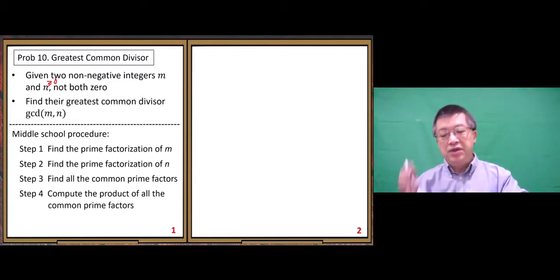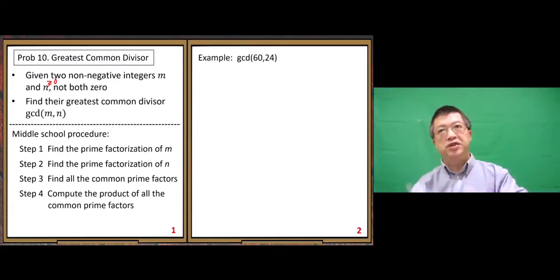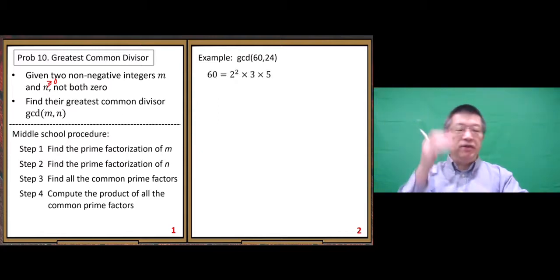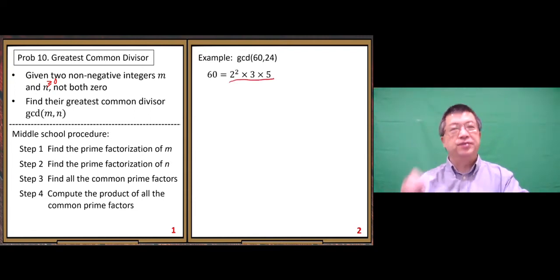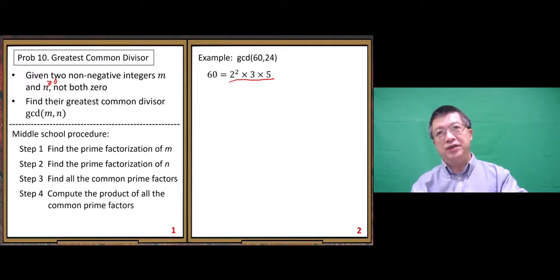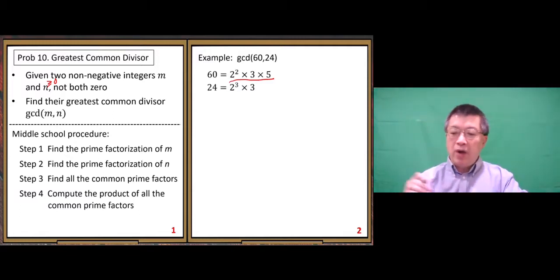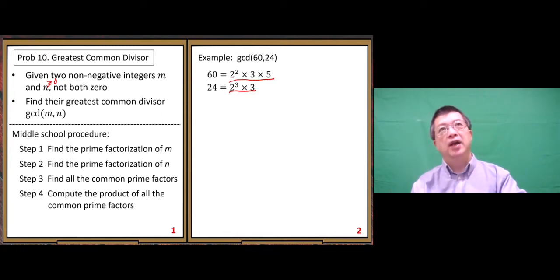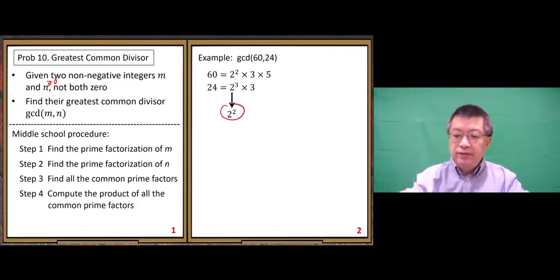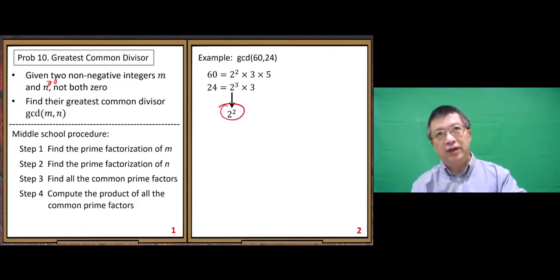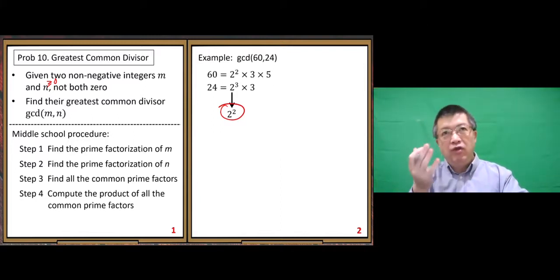Here, let me use a simple example to go through these steps. 60 has a prime factorization like this, the standard prime factorization. 24, the second number, has a prime factorization like that. Then we figure out the common prime part. For the prime 2, 2 squared is the common part, the common factor for both prime factorizations.